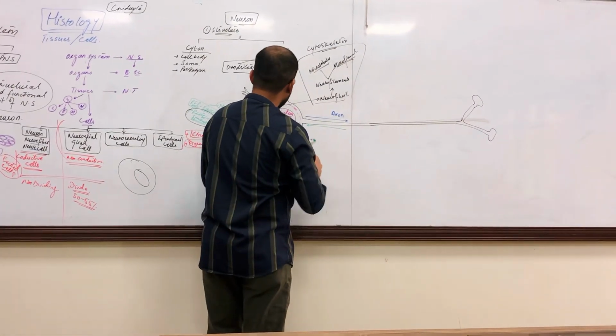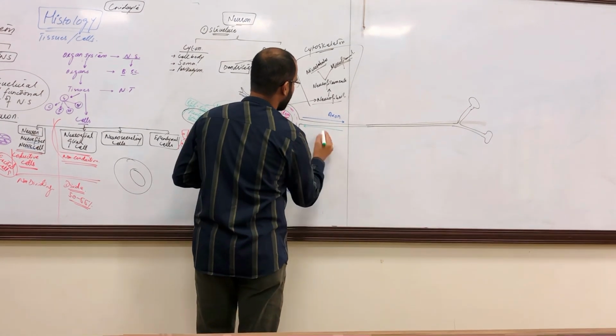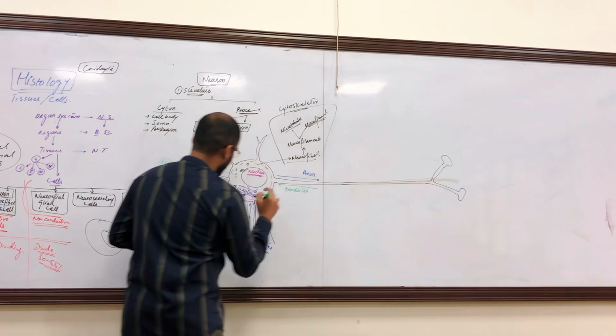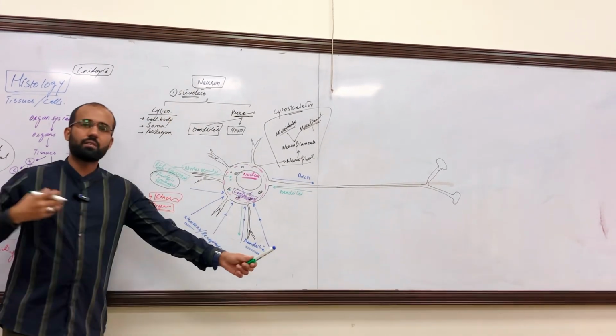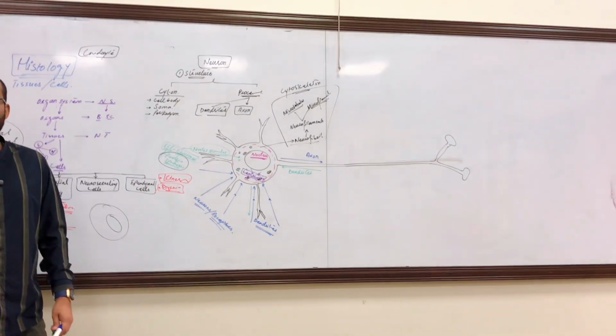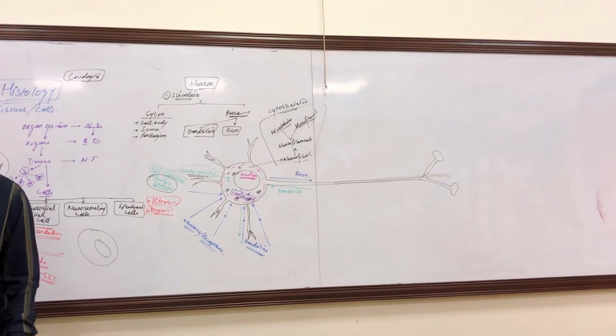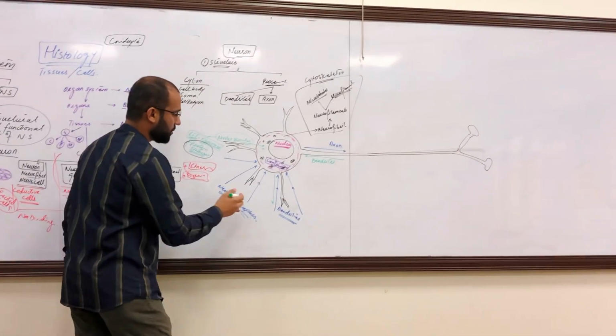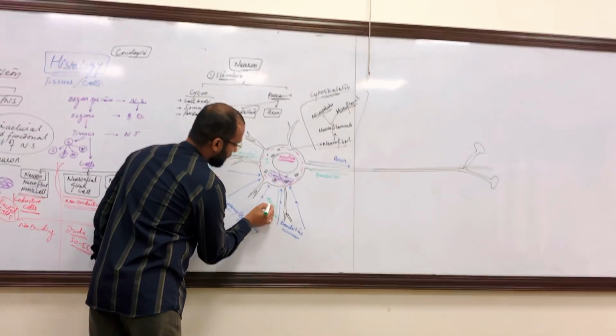If the green color is considered, then this one is dendroid. It should not be the concept that the long one is always axons and the short one is always dendrons. In your body there are short axons and very long dendrons also present.